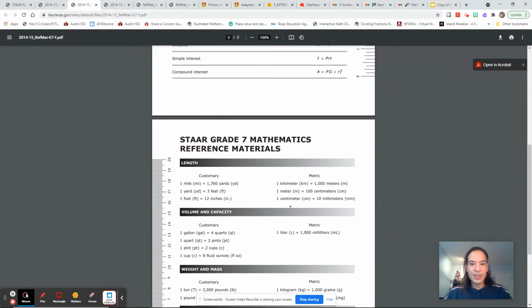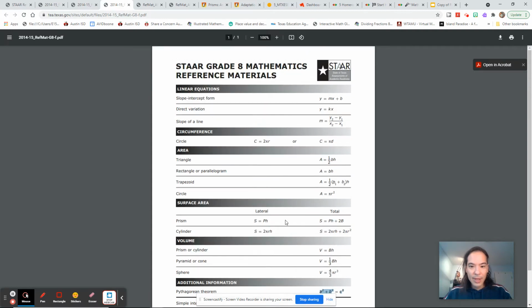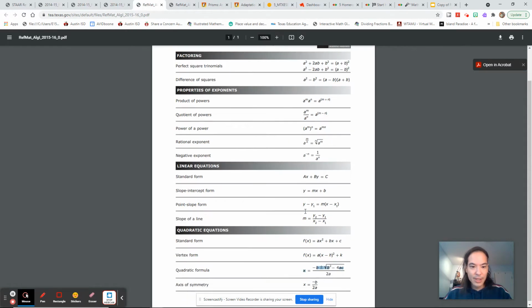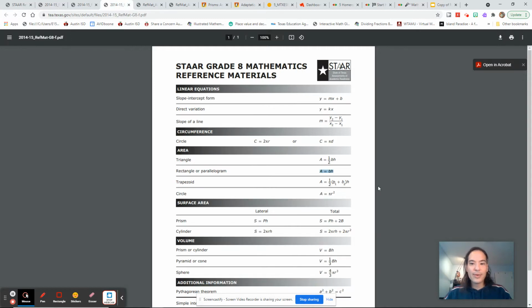Your 7th grade cheat sheet, it's gone. Nope, it's still there. Yay. So 7th grade cheat sheet, it's still there. 8th grade cheat sheet, still there. 9th grade cheat sheet, gone. So through 8th grade, you'll have the volume of a rectangular prism.